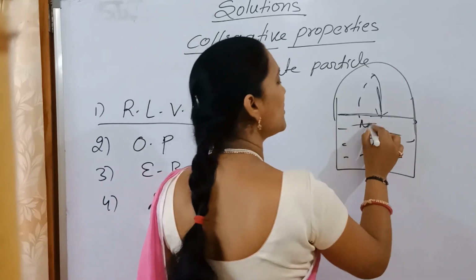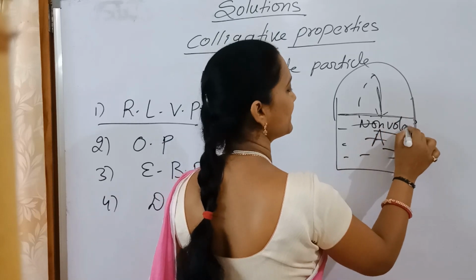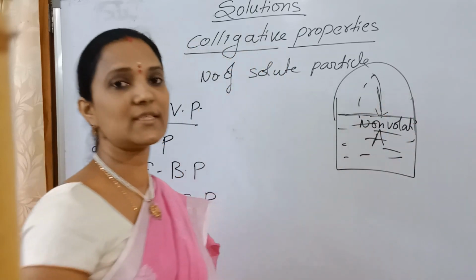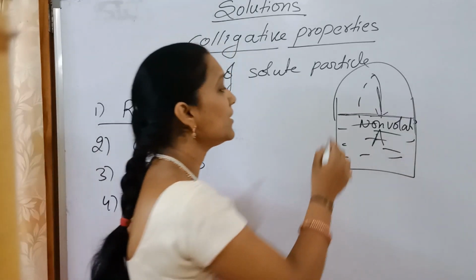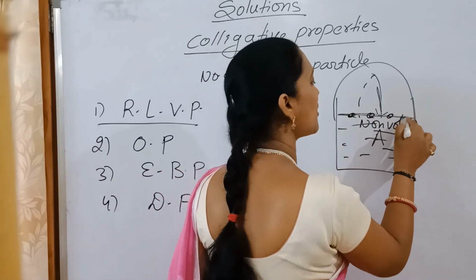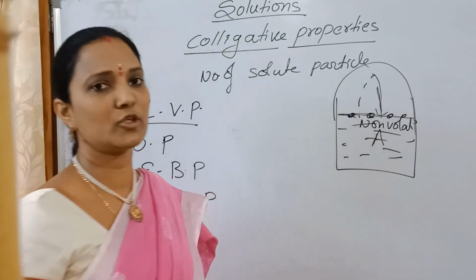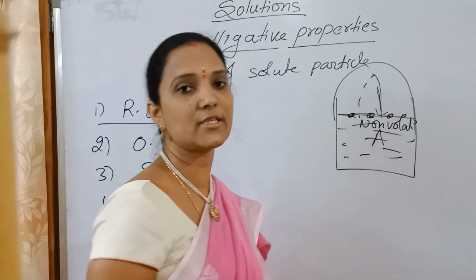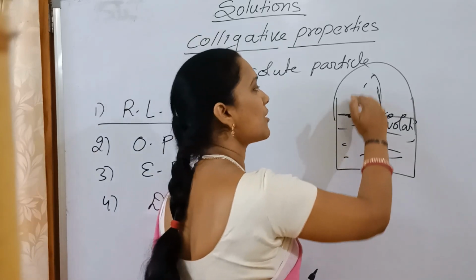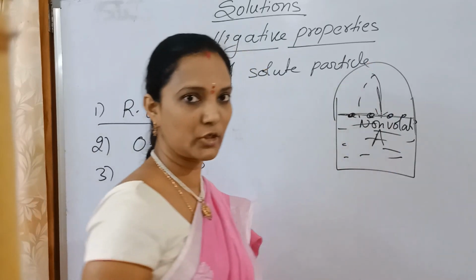If any non-volatile solute is added to that, then what happens? On the surface, some of the solvent particles are replaced by solute particles. These solute particles are non-volatile and do not change to vapor, so the number of solvent particles changing to vapor reduces.